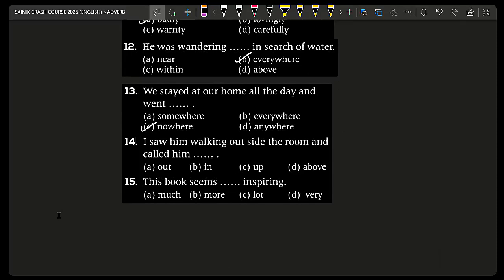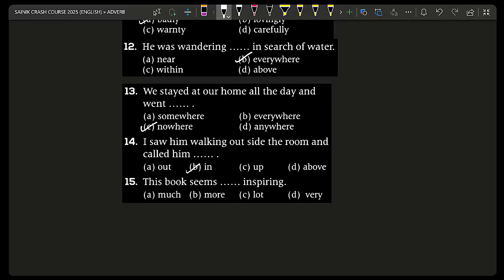Sir, up. Why up? He's already outside the room and you called him where? Sir, above. Where above? Sir, no. In. You called him in. You are inside the room and your friend is walking outside the room and you will call him into the room, right? Yes, sir. Read properly.